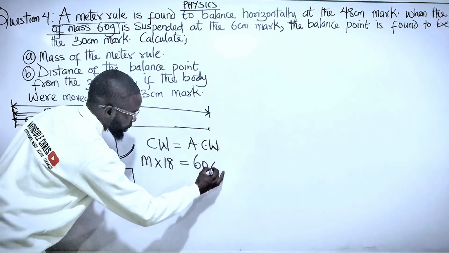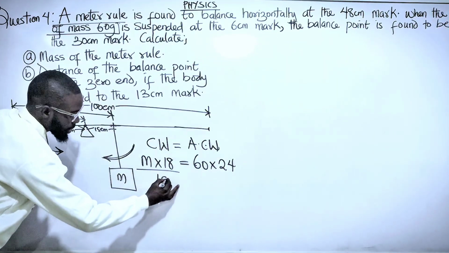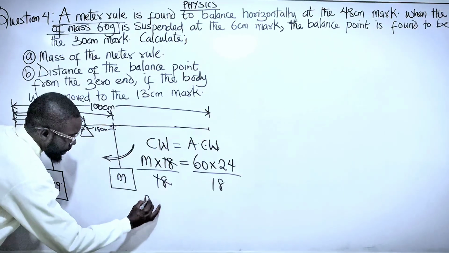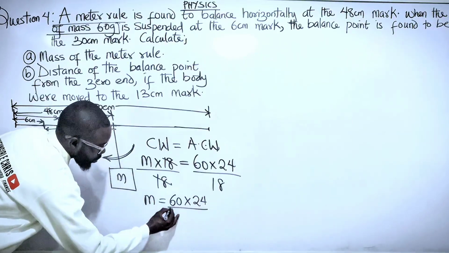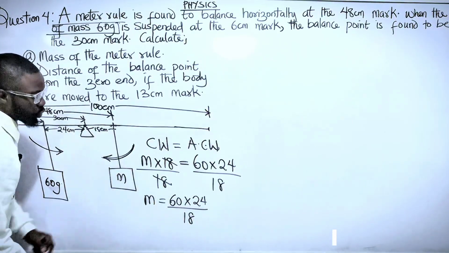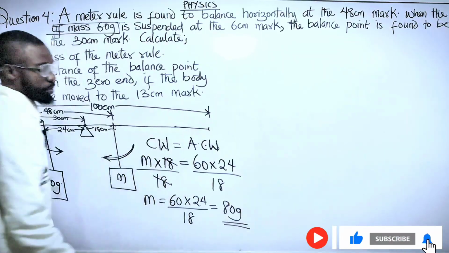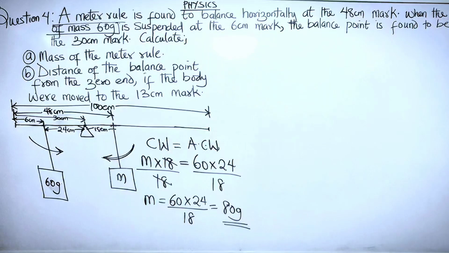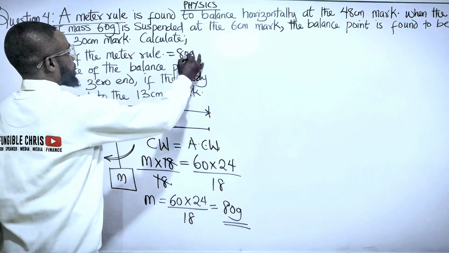We divide both sides by 18, so our mass becomes 60 times 24 over 18. If you perform your operation, we have 80 grams. That means the mass of the meter rule is 80 grams.